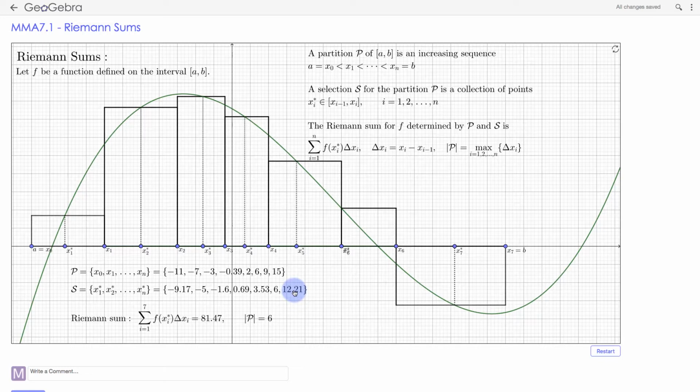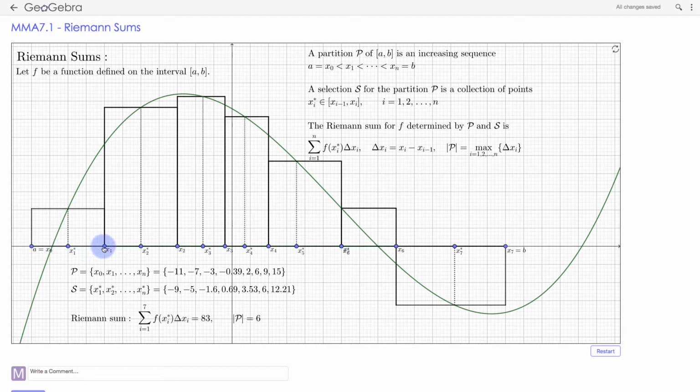Here we have 1, 2, 3, 4, 5, 6, 7. There's a mistake somewhere. No, of course, 7. The other was the partition, where there were 8 up here. And this number is between these two numbers, and so on.